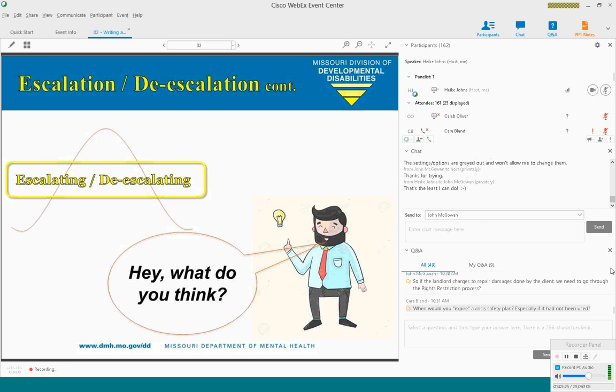But we need to understand that when you can't communicate, that is frequently going to result in a problem situation, because that is the only way that over time they have been able to successfully have their needs met. And I think we can all recognize how frustrating it is when we aren't able to effectively communicate what we're trying to say, and how that could lead to a challenging situation.